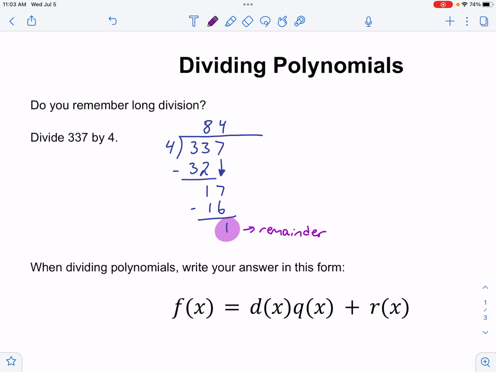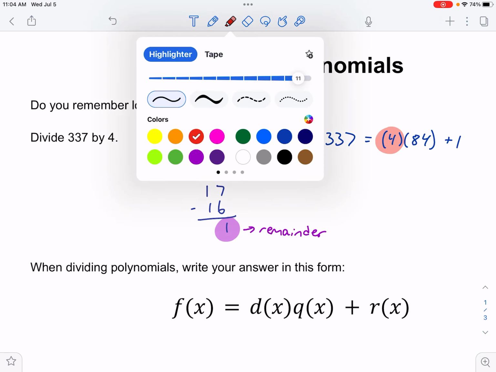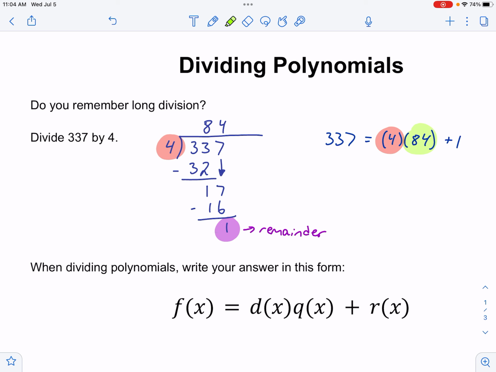So there's a really funny way of writing this that's going to be useful for how we're going to be writing our division today. What we could say is that 337 is equal to 4 times 84 plus 1. 4 being the number that we were dividing by, 84 being the number that was divided into, and then of course 1 is the remainder.